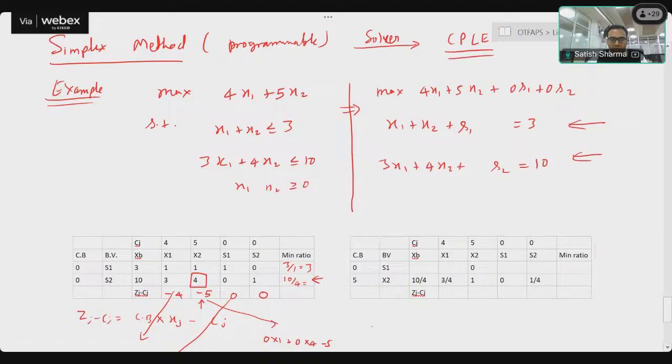Here, what I can do is, R1 new is basically R1 old minus R2 old divided by the key element.